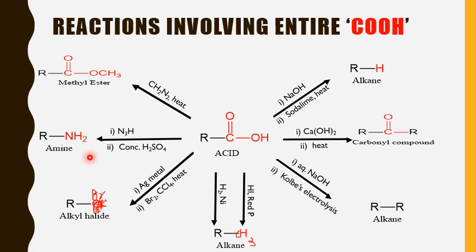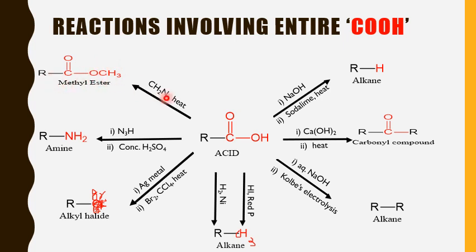And the next reaction is with diazomethane. So diazomethane is CH2N2. So carboxylic acids upon heating with diazomethane will give you methyl esters. Okay, whatever CH2 group is present from this diazomethane will be added as a methyl group in the ester functional group.